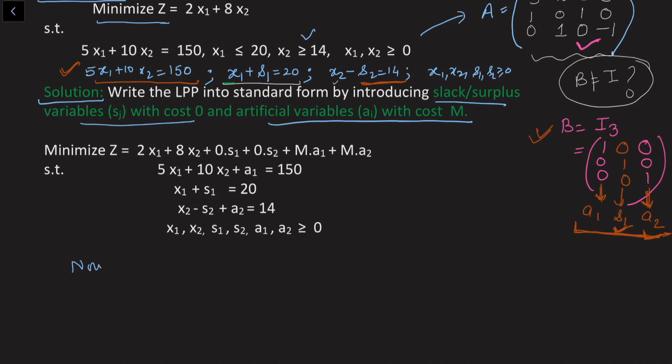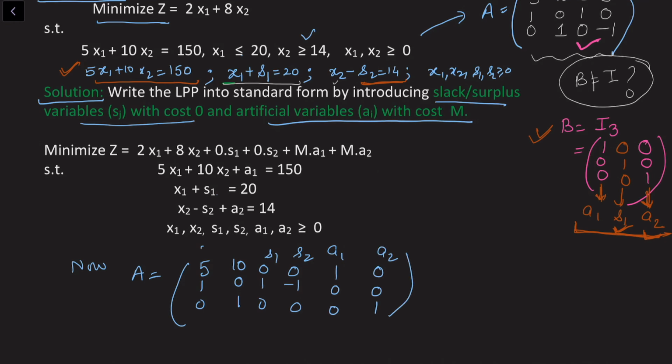Now in the current system you can see the actual A: corresponding to x1 this is 5, 1, 0; corresponding to the x2 variable this is 10, 0, 1; corresponding to S1 this is 0, 1, 0; corresponding to S2 this is 0, 0, minus 1; and corresponding to the two artificial variables I get 1, 0, 0 and 0, 0, 1. So these are the columns now available in the constraints.